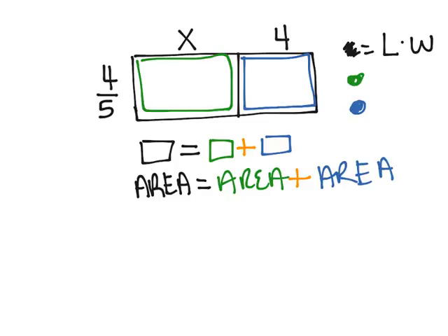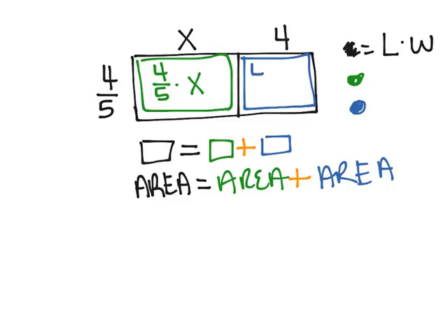Using this information, we can find our total area. The area of the green rectangle is found by finding the length times the width of the green space. In this case, it is 4/5 times x. The area of our blue space is found in a similar way, length times width.